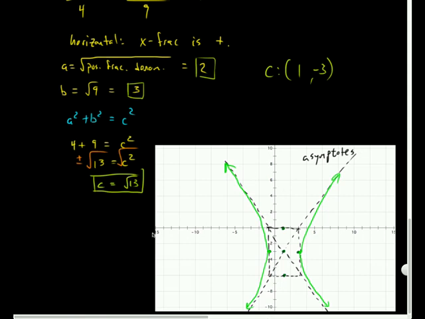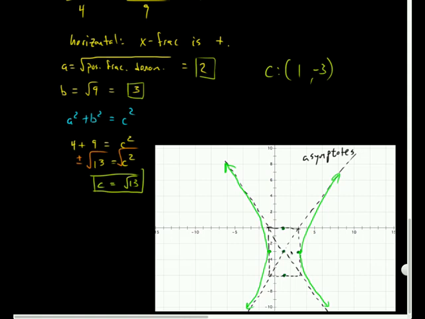And then let's actually plot where the foci are as well. Those are valuable to know. So to find the foci, let's see, square root of 13. That's bigger than the square root of 9, smaller than the square root of 16, so it's somewhere between 3 and 4. It's 4 units away from 9 and 3 units away from 16, so I'm guessing it's a little bit closer to 4 than 3.